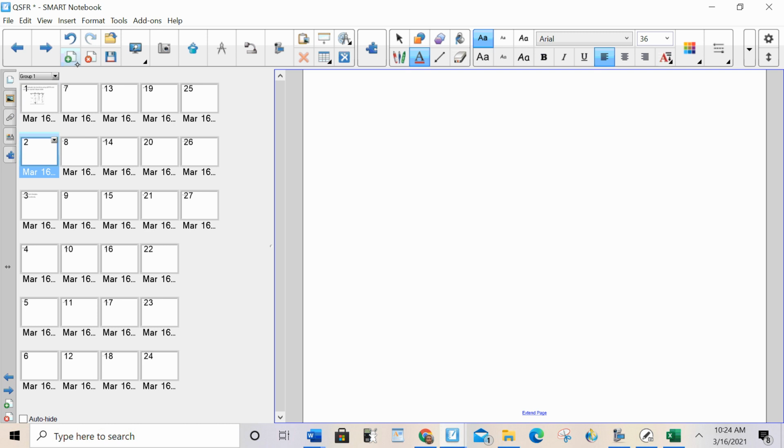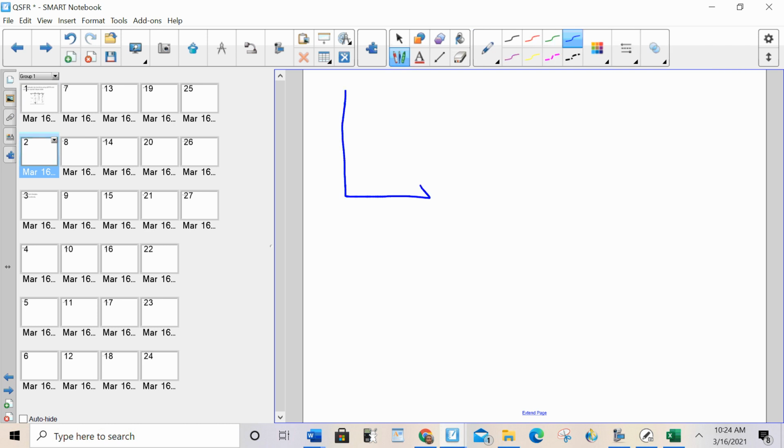So we are going to start with our special right triangles that we did in the previous lesson. We have our 30, 60, 90, and we have our 45, 45, 90.